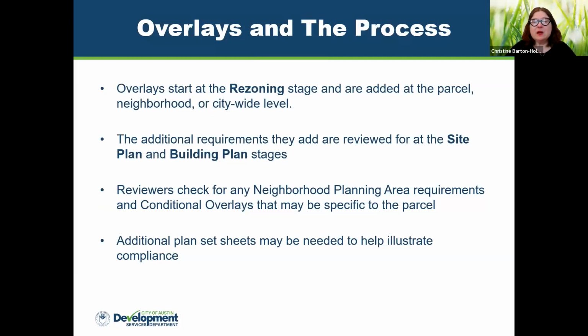So we check for any neighborhood planning area requirements, any conditional overlays that are specific to a given parcel. So depending on the number and the type of overlays, the applicant may need to add additional plan set sheets to help illustrate compliance with all of those different additional requirements beyond the base zoning. Next slide, please.